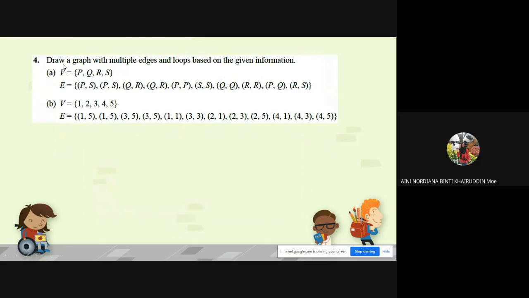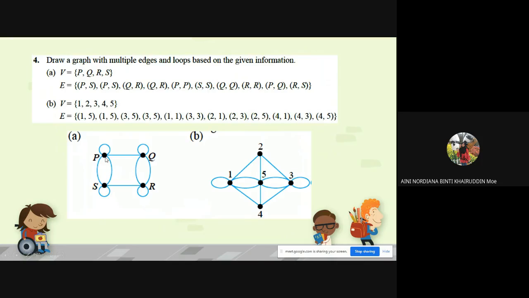Question 4. Draw a graph with multiple edges and loops based on the given information. The V is PQRS and E, as you can see here. PS means that P and S have multiple edges. So you can draw like this.